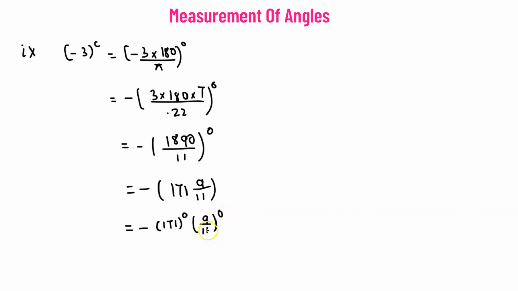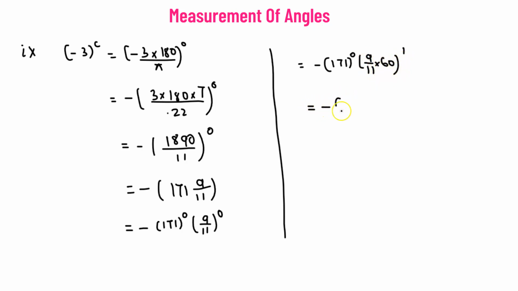We will convert this 9 divided by 11, this fraction, into minutes. All we have to do is multiply it with 60. So we have -171 degrees, 9 over 11 times 60, and this will get converted to minutes, which will give us -171 degrees. So 9 times 60, that's 540 divided by 11. That will be 49 and 1 over 11 minutes.